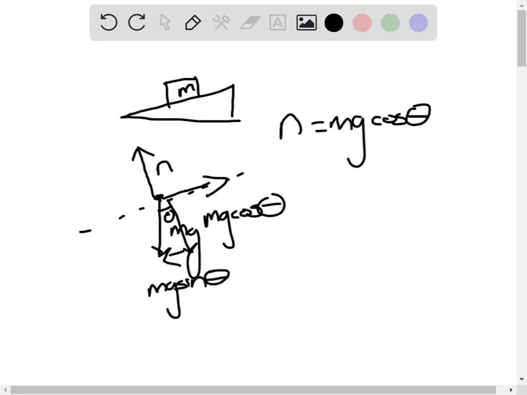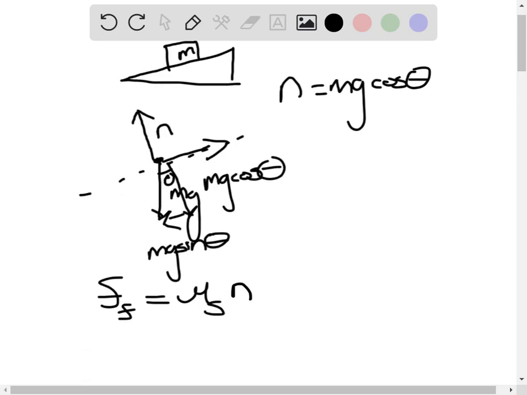We can essentially find that the force of friction is equivalent to the coefficient of static friction times the normal force. And in this case, our normal force is mg cosine theta. So this is the coefficient of static friction times mg cosine theta.